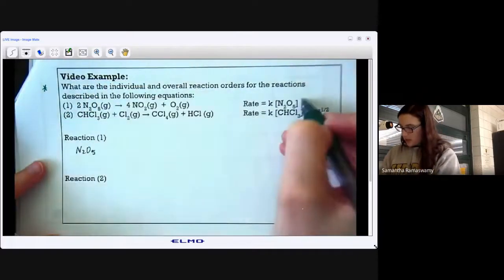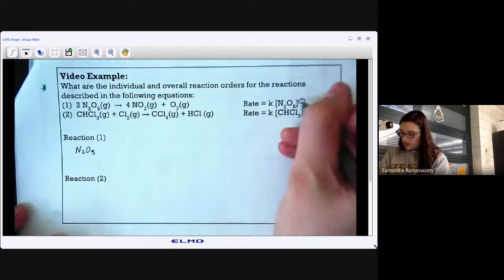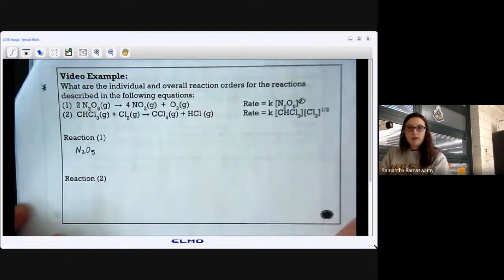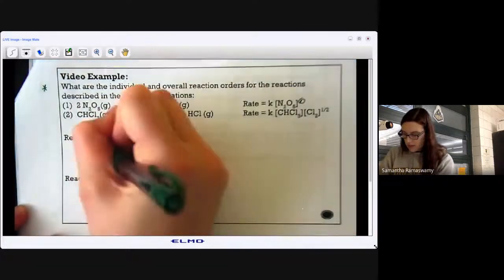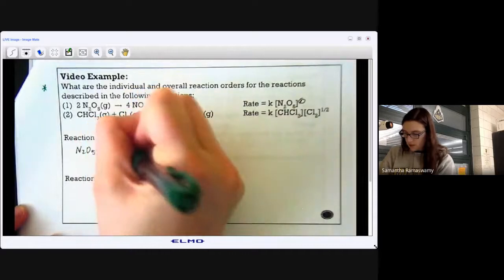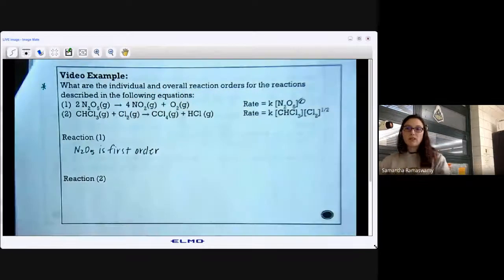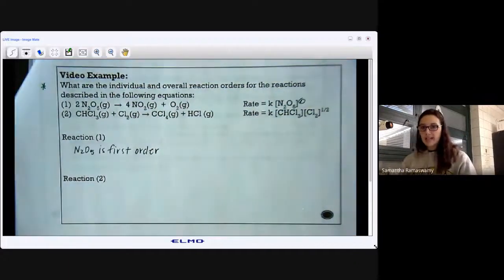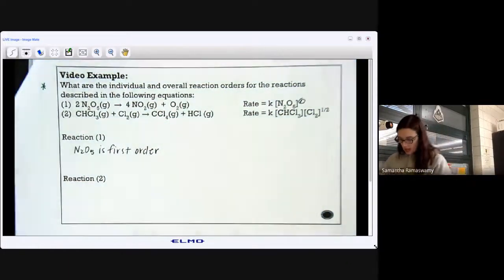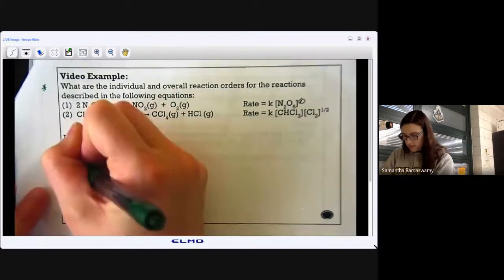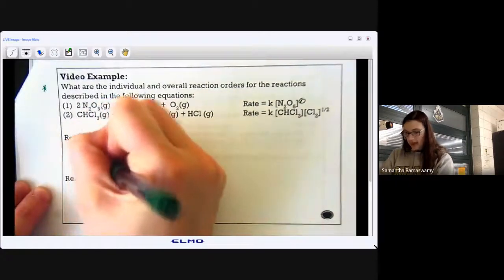So for N2O5, we look at the exponent. If there's no exponent up here, it's assumed to be a 1. So N2O5 is first order, because whatever the exponent is, that is the order of the reactant. Then overall, add up the exponents.